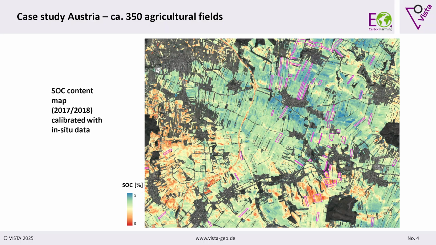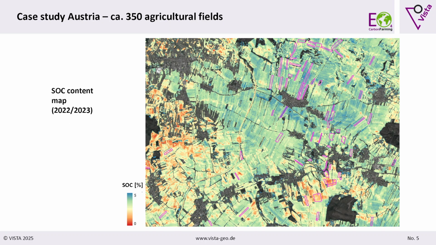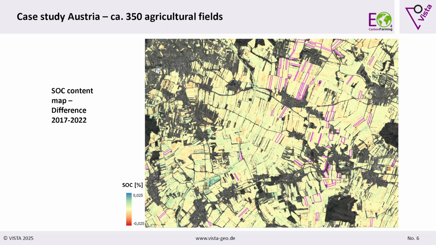We did this on 2 time steps, one being in 2017-2018 calibrated with in situ data, and the other one in 2022 and 2023. This allows us to perform a change detection of soil organic carbon content and to see the changes between those 5 to 6 years in the region.